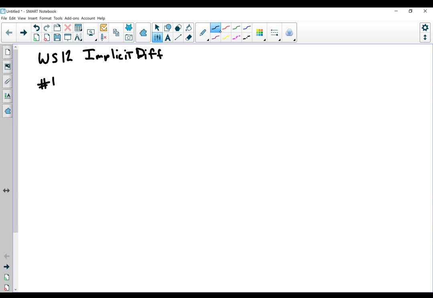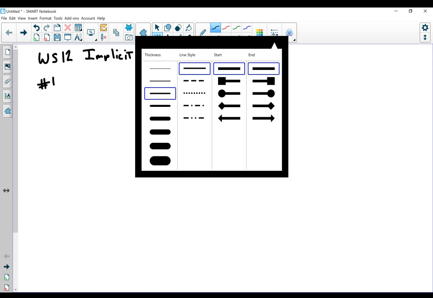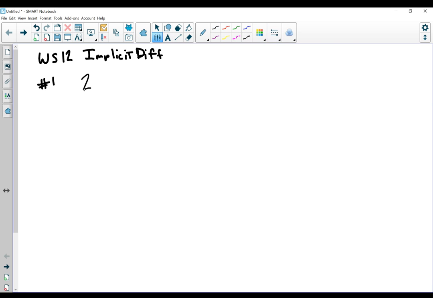Number one, some of these are doozies, I'm realizing. So this is 2x cubed equals 2y squared plus 5. First of all, there's two ways to say that I'm initiating the derivative process.